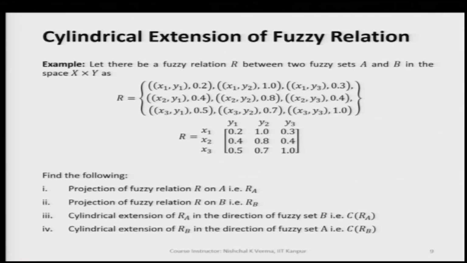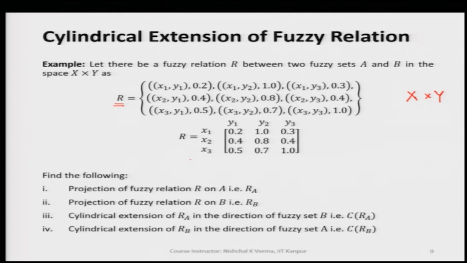Now, let us take a discrete relation fuzzy set. With a discrete fuzzy set, let us say we have a fuzzy set R, which is a relation fuzzy set, and again this is defined in the universe of discourse capital X cross capital Y. Of course, we can represent this discrete fuzzy set in the matrix form.